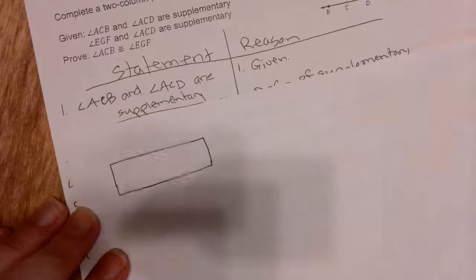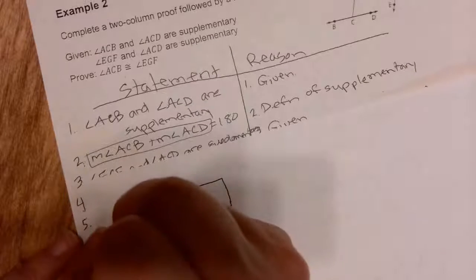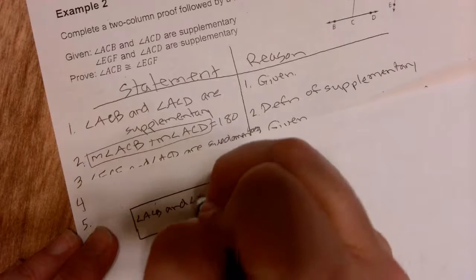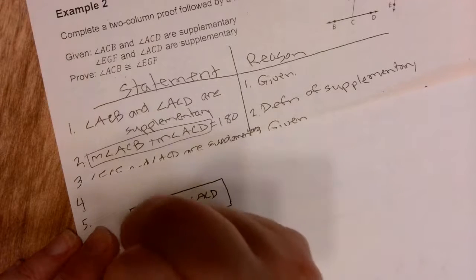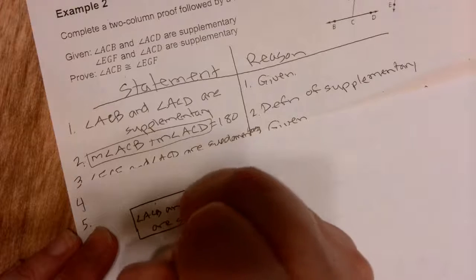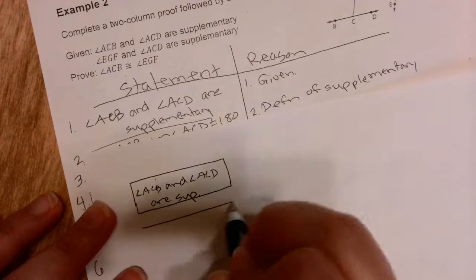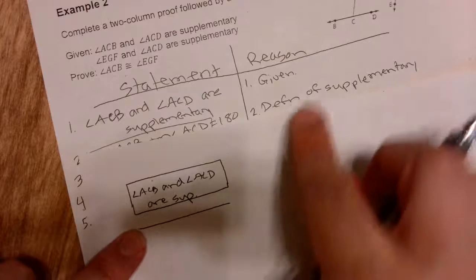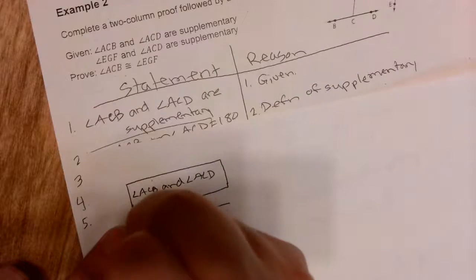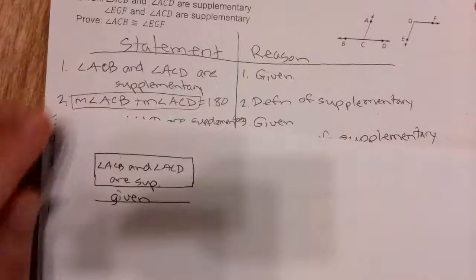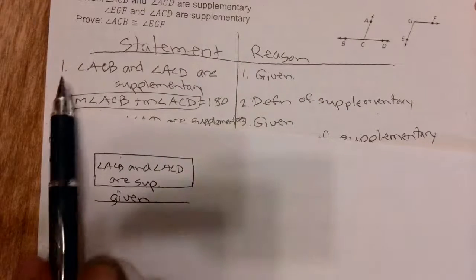A box. Statement goes in the box. Angle ACB and angle ACD are supplementary. Underneath it goes the reason, which was given. Now, what could we conclude from line 1?